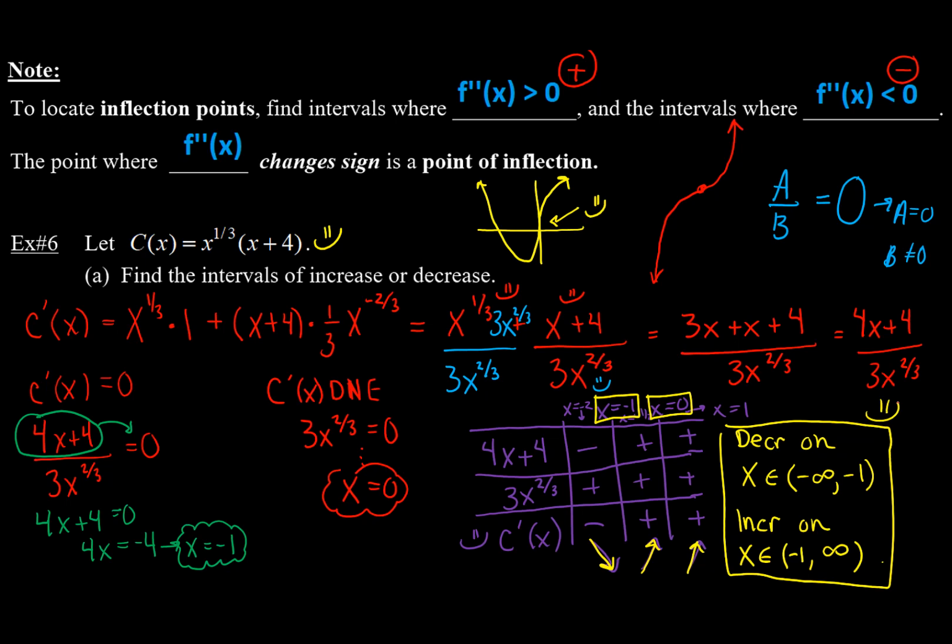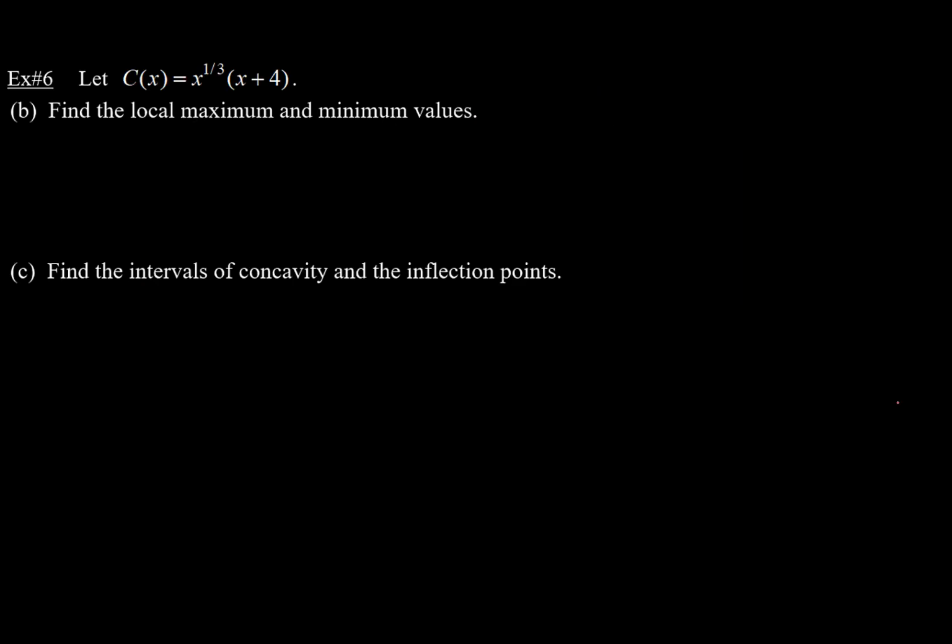Now, the next part, they want us to find the local minimum and maximum values. So we're going to look for sign changes. And that's from the previous page. And not for f of x, but for f prime of x. And that happens at x equals -1.